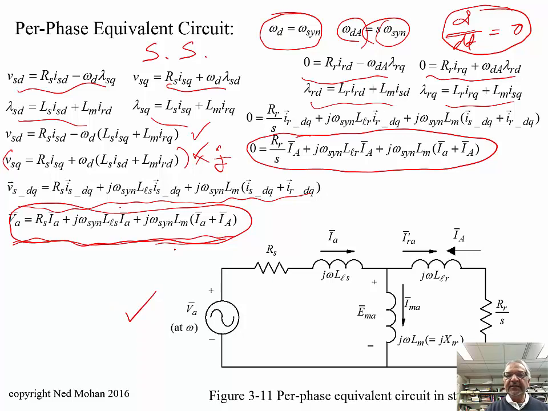So we can see that if you have current IA here, and the sum of them is flowing through here, we get a unique circuit in a way, with the assumptions that we have made, such that these 2 equations are simultaneously satisfied. That's the per phase equivalent circuit we had derived in the first course. So it's no different because it's the same machine. So why should that be any different?